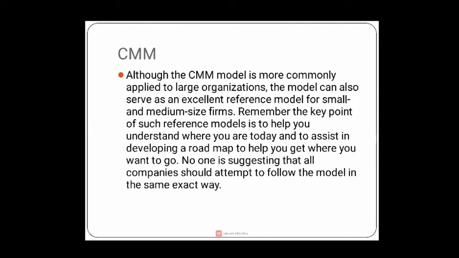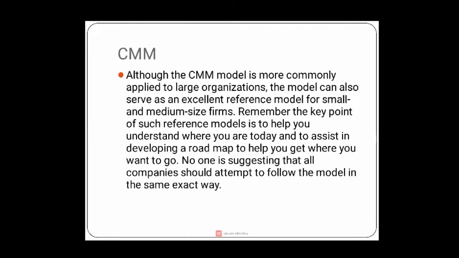Remember, the key point of such a reference model is to help you understand where you are today, right? And to assist in developing a roadmap to help you get where you want to be. No one is suggesting that all companies should attempt to follow the model in the same exact way.